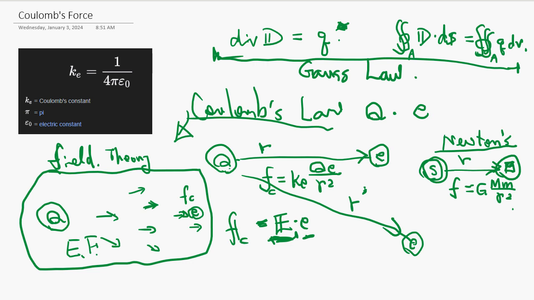So what is this field then? Is it really existing in the vacuum space? Well, actually, the only thing scientists can say is that you assume it exists in vacuum space. It doesn't conflict with any other physics law.